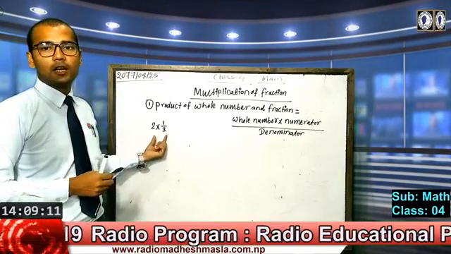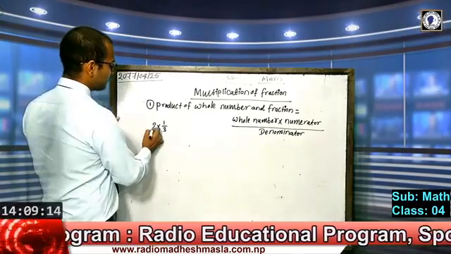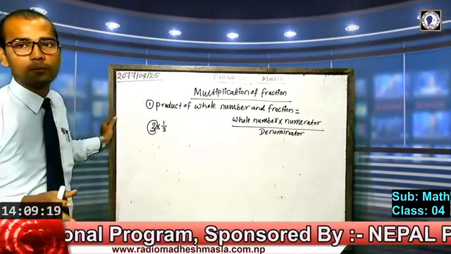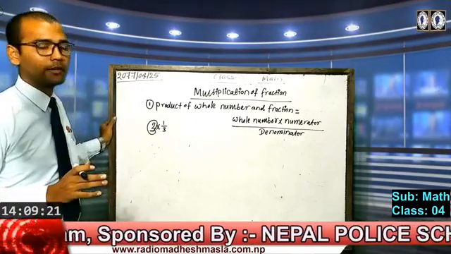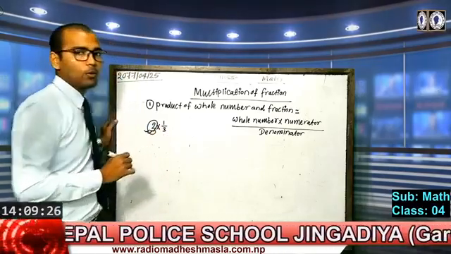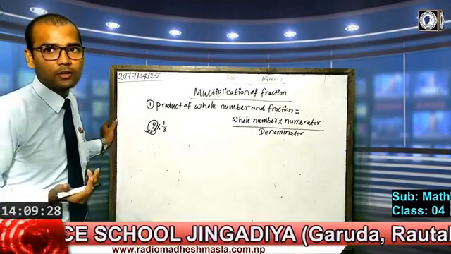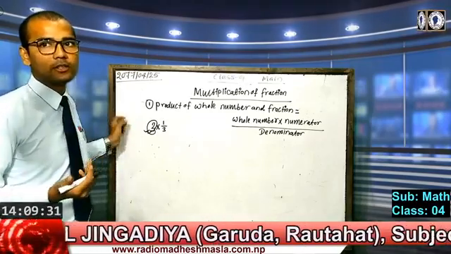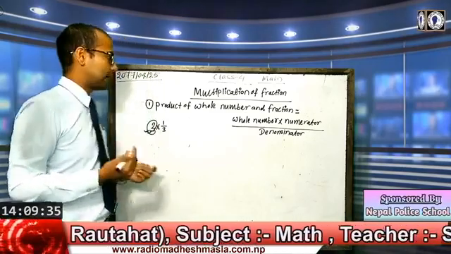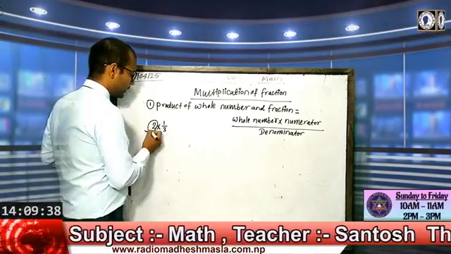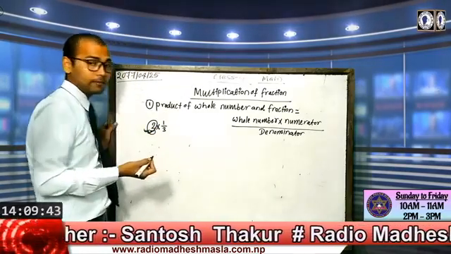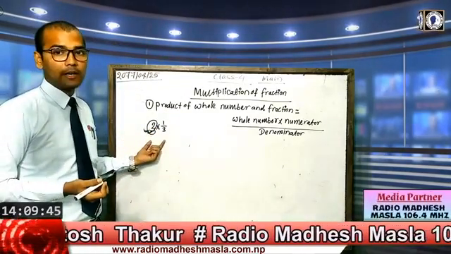Here, students, the first number 2 has no denominator, so this is a whole number. You can say it is a whole number, natural number, or integer. According to the formula, we can suppose 2 is a whole number because it doesn't have any denominator.